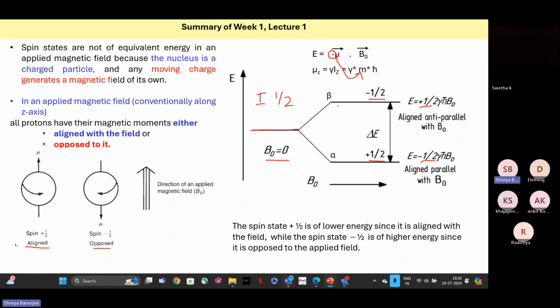But in the presence of the external magnetic field, the value of I was half, so 2I plus 1 is 2. So you have two possible states, and they split up in the presence of an external magnetic field into the alpha and beta states.